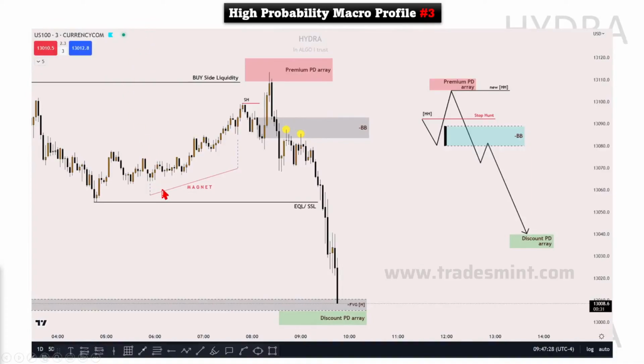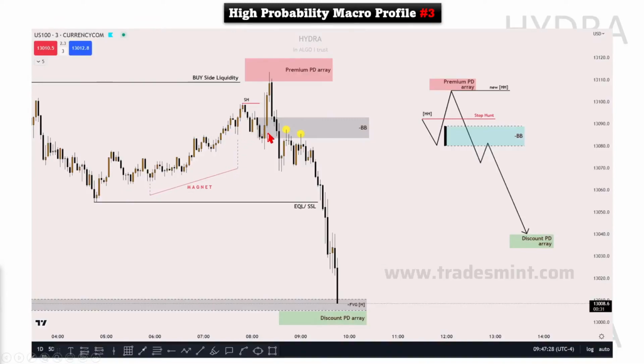So what's happening here? Price is continuously generating trend line liquidity, right? Look at here. All of this is trend line liquidity because price is respecting a trend line, plus price also generated relative equal low. So we know that relative equal low works as a magnet for price.